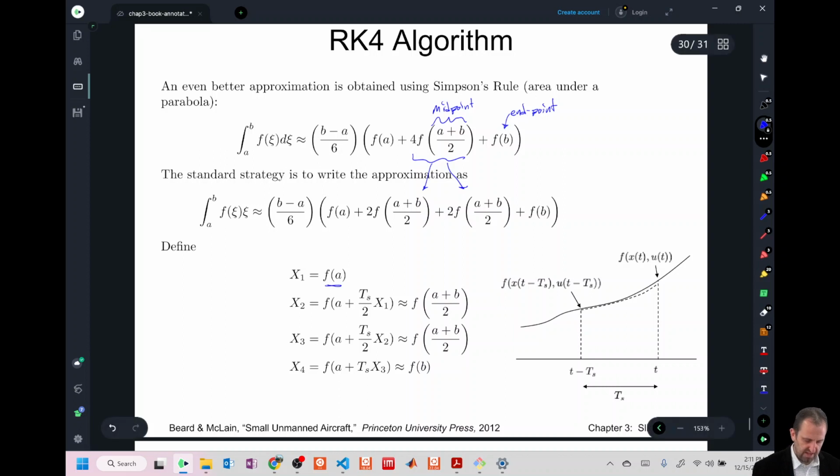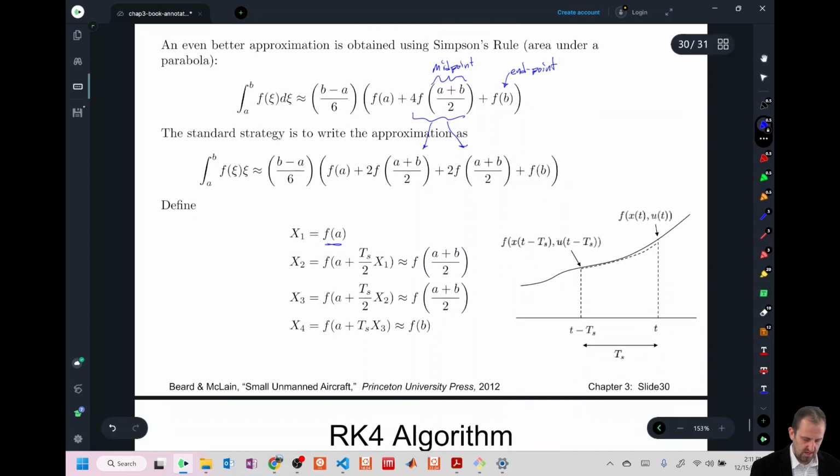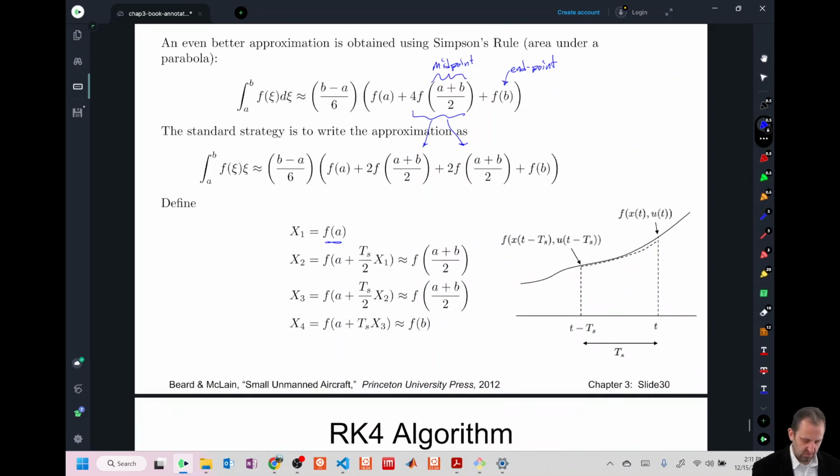X1 is f of a. That's what we have been doing this whole time. X2, notice this is halfway times our plus our state. So what we're doing is we're trying to get halfway over. So this is an approximation for our halfway point.